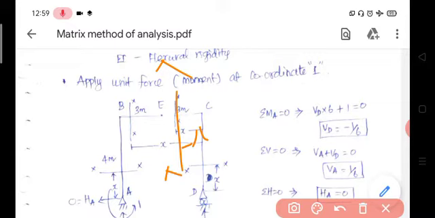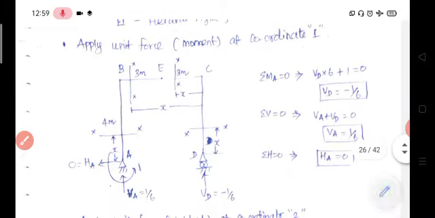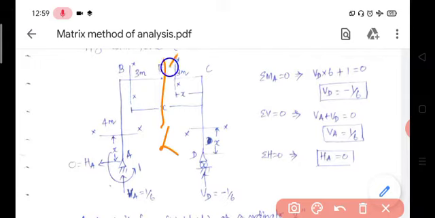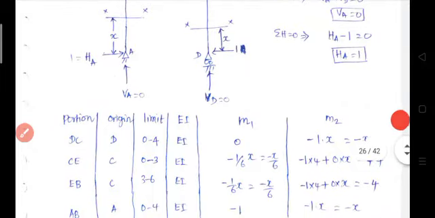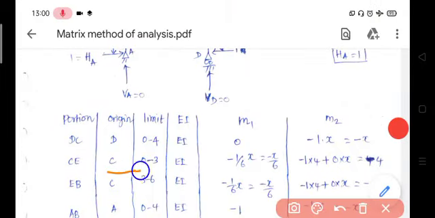Then bending moment on the right of this section XX, we have only one vertical force, V d is equal to minus 1 by 6. So, moment is equal to minus 1 by 6 into x. Origin is C, limit 0 to 3, EI is constant, then M1 is equal to minus x by 6.